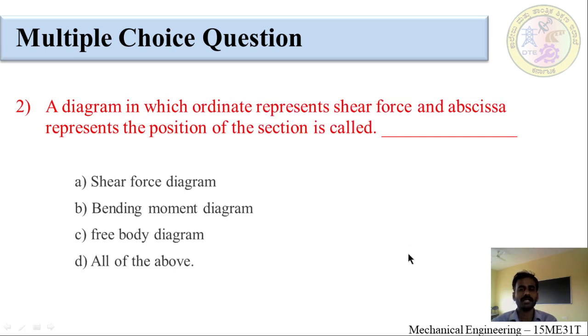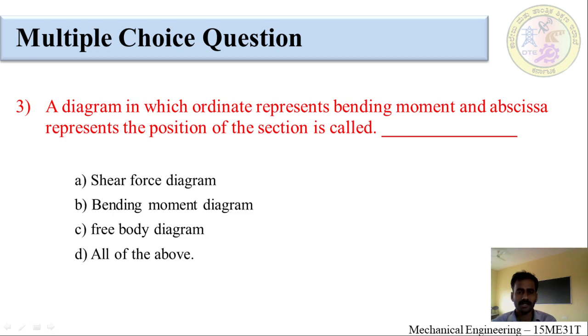Question number 2: a diagram in which ordinate represents shear force and abscissa represents the position of the section is called shear force diagram, bending moment diagram, free body diagram, or all of the above.